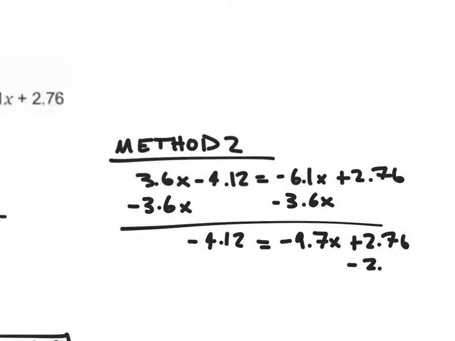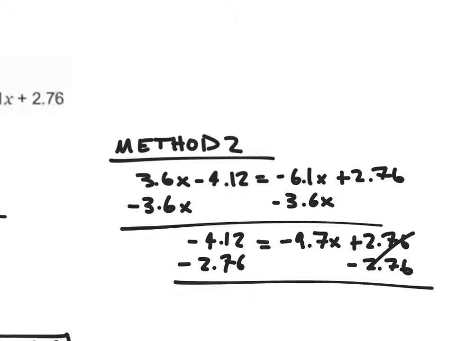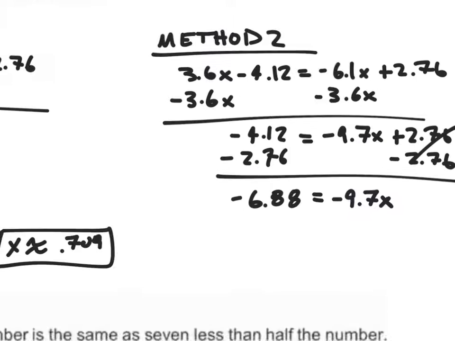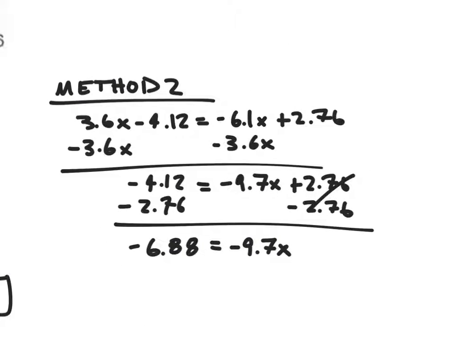Now I'm going to subtract 2.76 from both sides. And I'm going to get negative 6.88 is equal to negative 9.7x. Now, the reality of it is, guys, I have the same thing, except both numbers are negative, but I'm going to divide by negative 9.7, divide by negative 9.7.